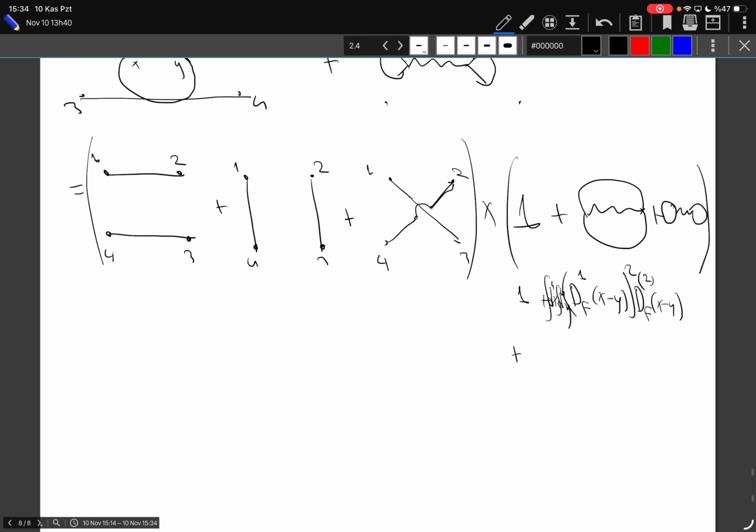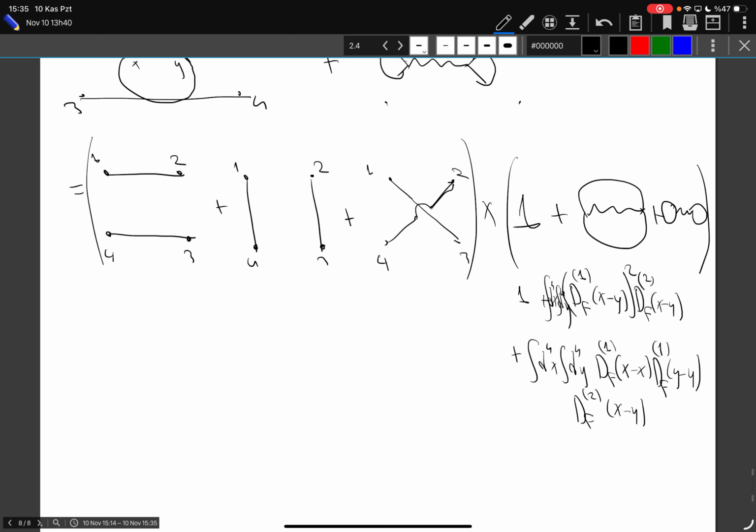Plus, for this last term, I have integrated over x and y the Feynman propagator of the first kind of particle, x minus x, the Feynman propagator of the first kind of particle, y minus y, and the Feynman propagator for the second kind of particle, x minus y. Plus I have infinitely many terms.